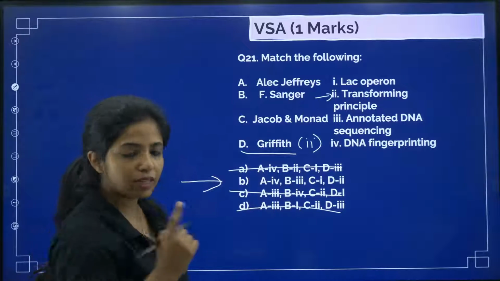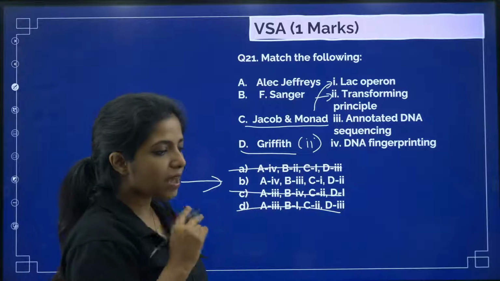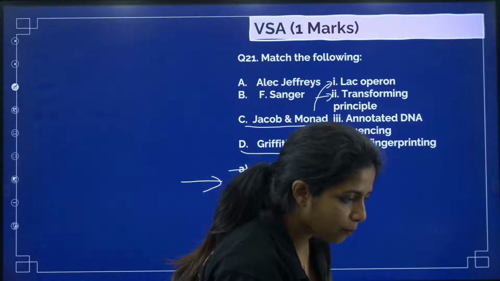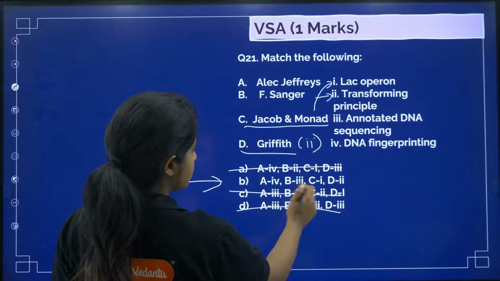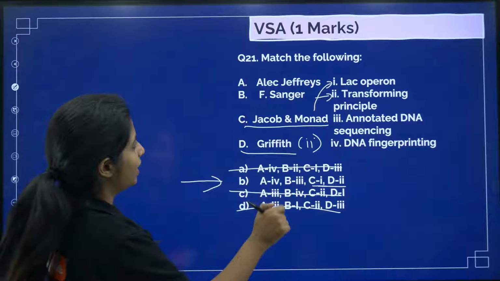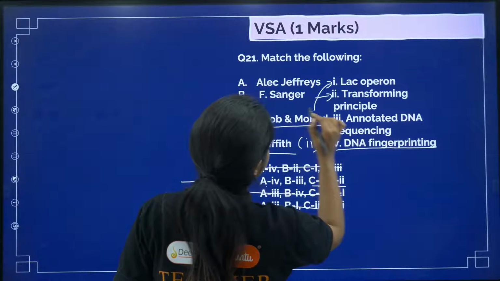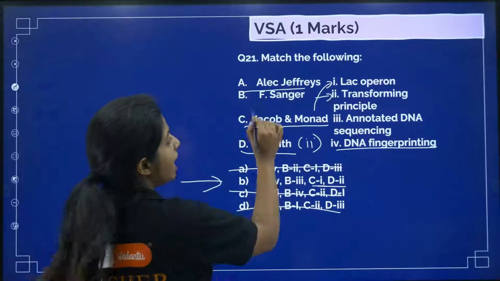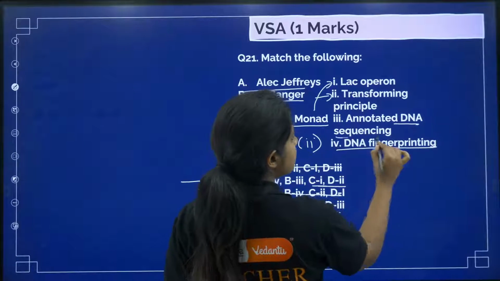Now I also know one more thing. Jacob and Monod are the people who gave the lac operon. So C is with lac operon, so C is with 1. Now if I see the rest, it's easy. Alec Jeffreys goes with 4. DNA fingerprinting was introduced by Alec Jeffreys, and F. Sanger, Frederick Sanger, was the person who developed DNA sequencing.